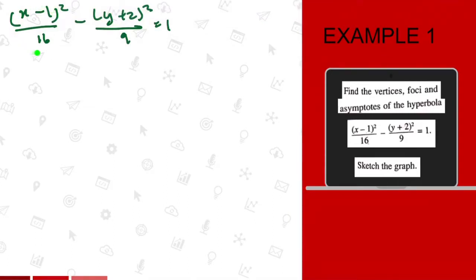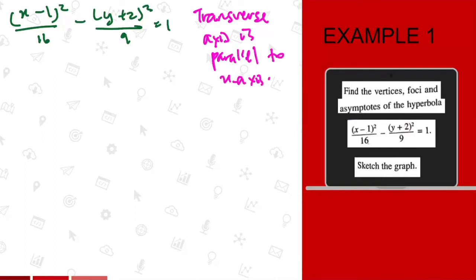Since the first term here is x, we know that for this hyperbola the transverse axis is parallel to the x-axis. So we know that our hyperbola will open to the right and also open left. Let us just write this and keep it as our information.